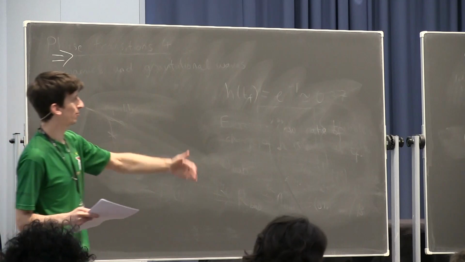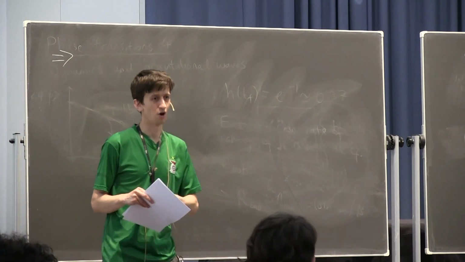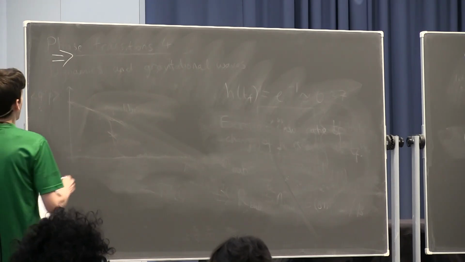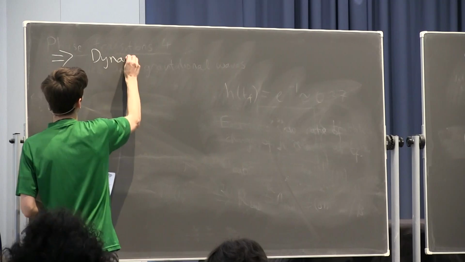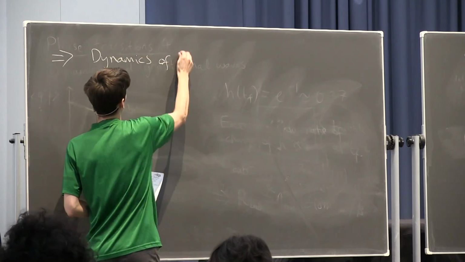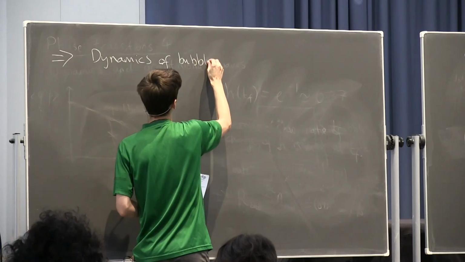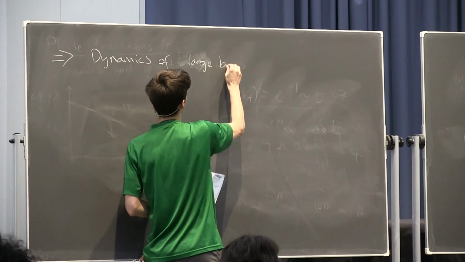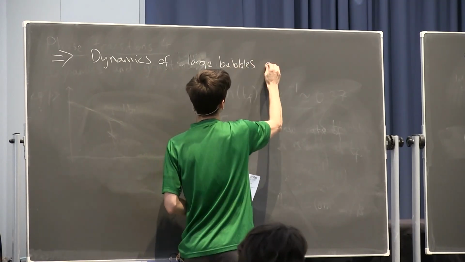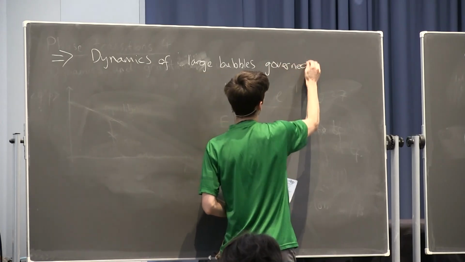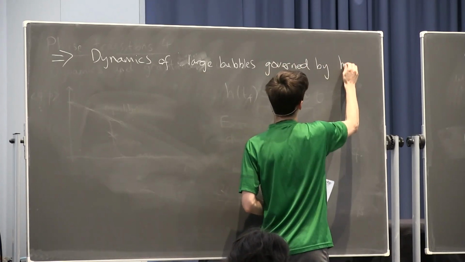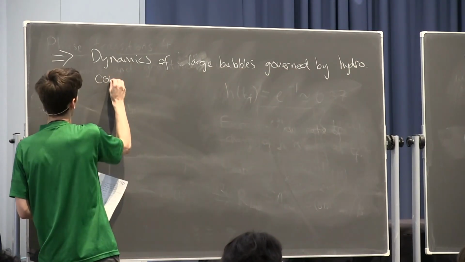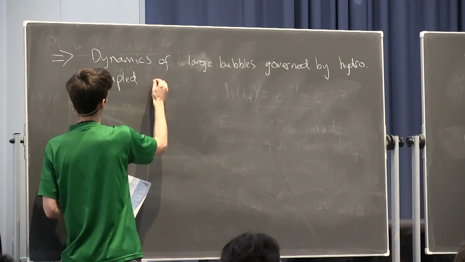And the hydro is coupled to the order parameter of our phase transition, which is, in our case, this scalar field. So that means the dynamics of the bubbles, of bubble collisions and so on, let's say of large bubbles, is governed by hydrodynamics, coupled to our scalar, or whatever order parameter we have.